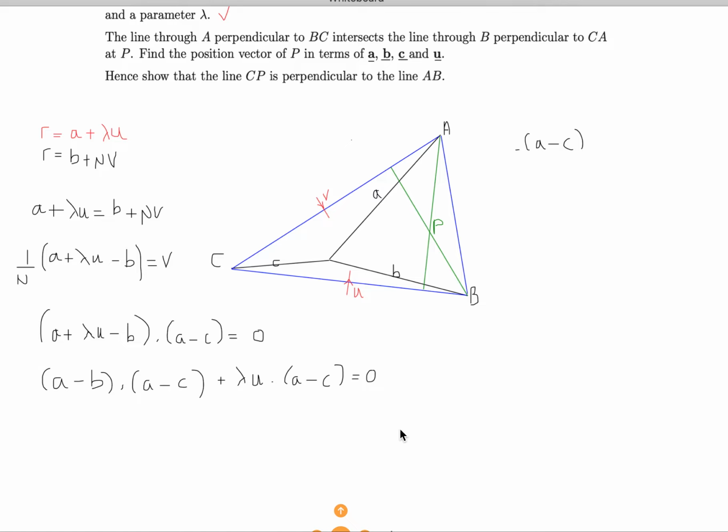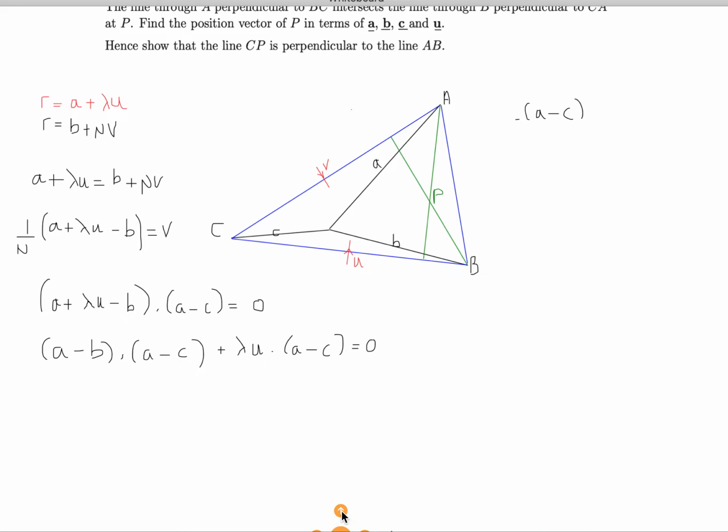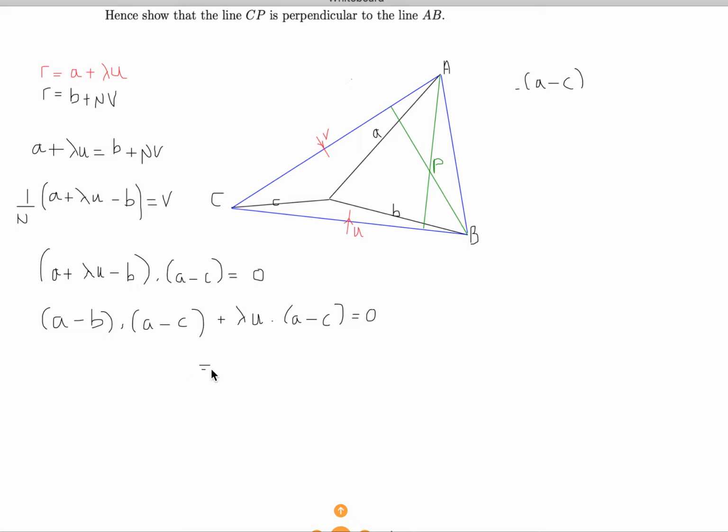If I rearrange this, I'm going to have this on the left hand side and bring this over onto the right hand side.